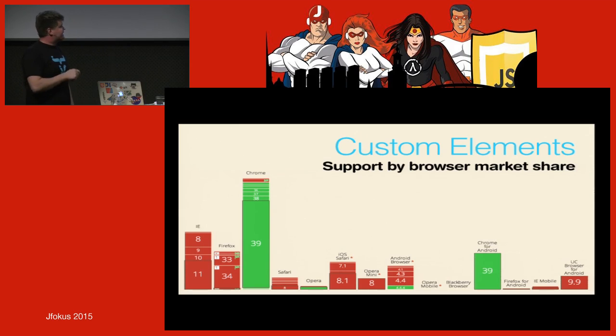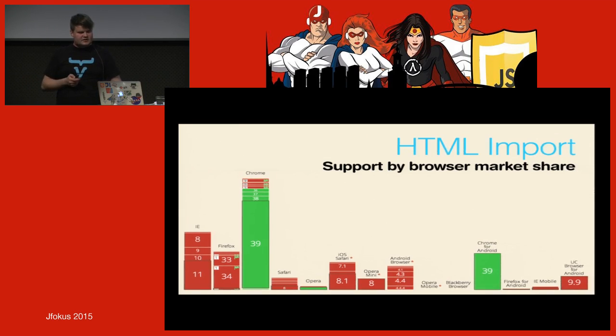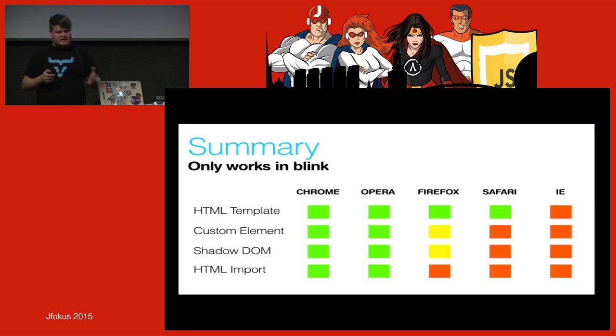So it's basically just any Blink-based browser for custom elements. Same goes with the Shadow DOM and HTML imports. So all in all, you can today use web components only in Blink. Tomorrow maybe Firefox. We don't know when Safari comes along. I truly hope that Apple releases this in iOS 9. But nobody knows. And Microsoft is building a new browser, so hopefully that finally supports all these standards out of the box.